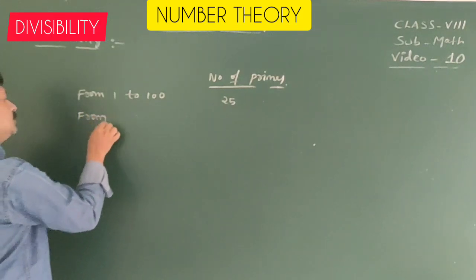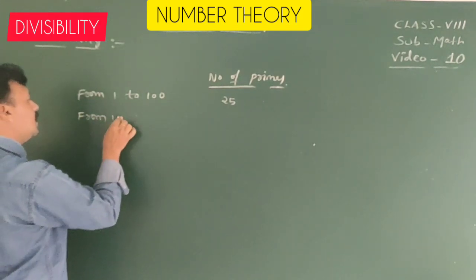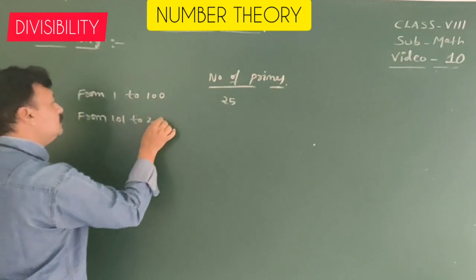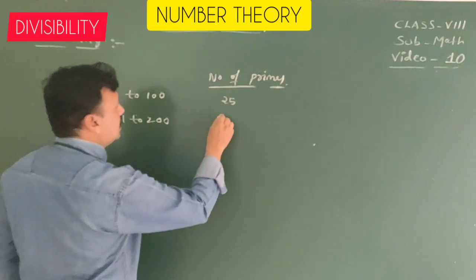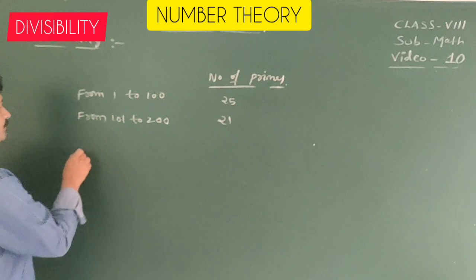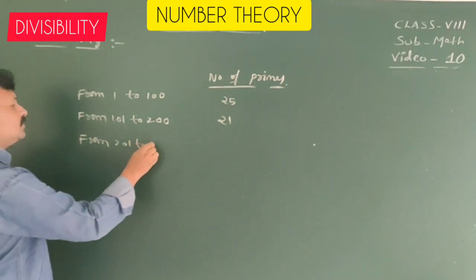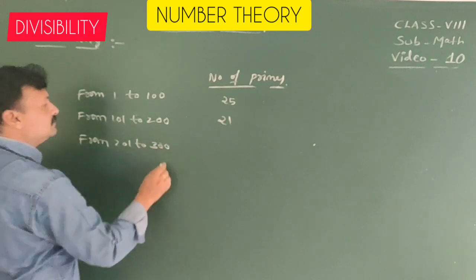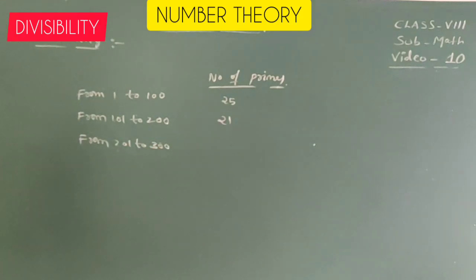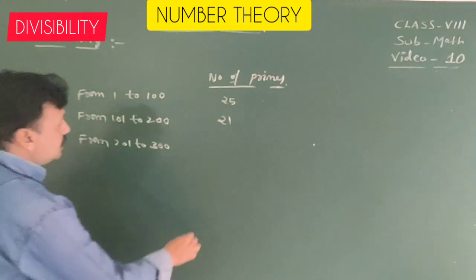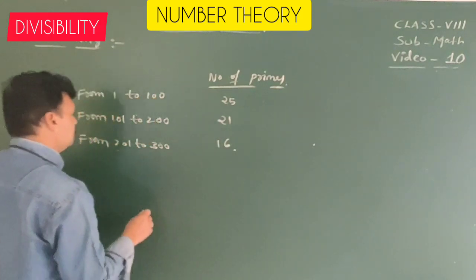From 101 to 200, there are 21 primes. From 201 to 300, 16 primes are there.